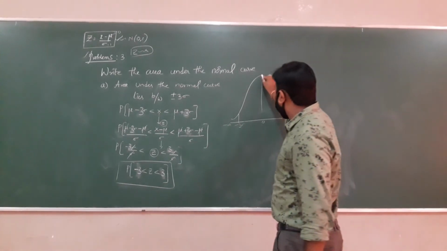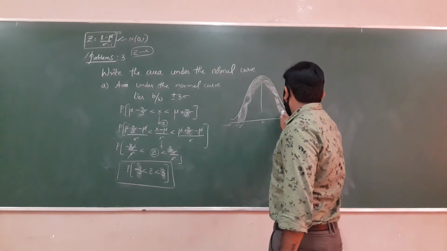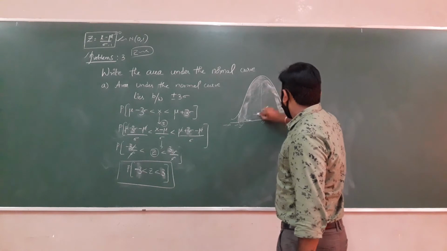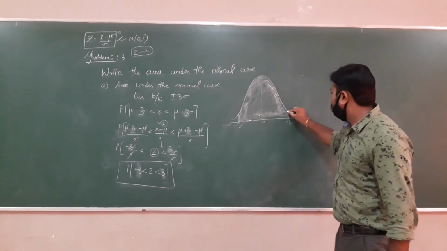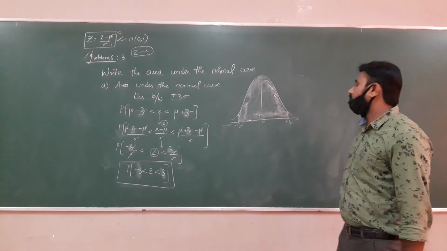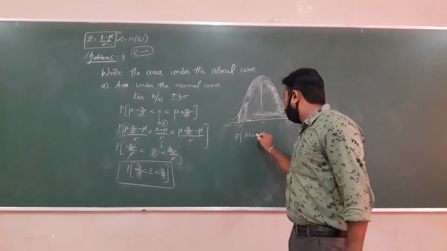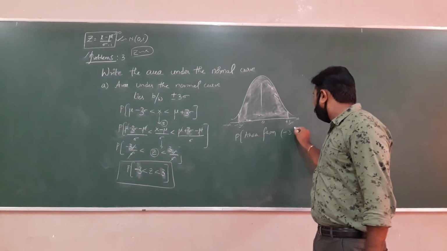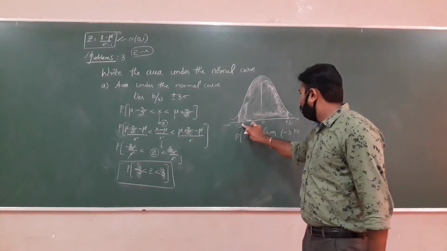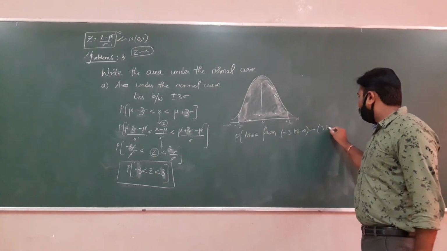This is the whole region. This whole region you need to calculate. Write down the area. Probability of area from minus 3 to infinity, minus 3 to infinity.